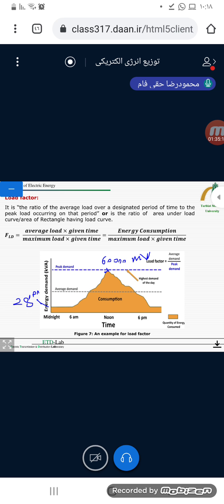If we want to compute the load factor for Iran, we need the average demand and the peak demand. If you divide the average load by the maximum load, you can reach the load factor. You can compute the load factor for one day, one week, one month, or yearly. Do you have any questions?